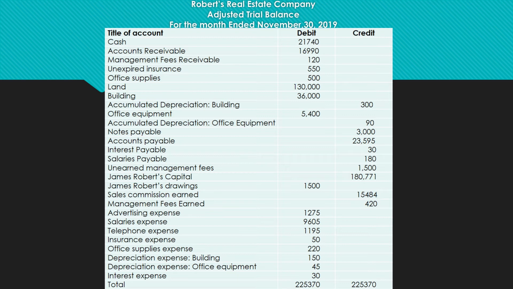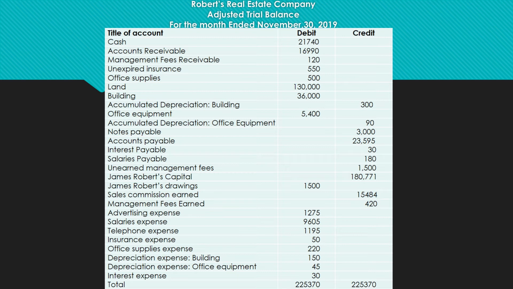Then office supplies, in the trial balance there was a balance of 720 in the office supplies account, but out of that 720, office supplies of 220 expired. Now the balance in office supplies at the end of the month is 500.